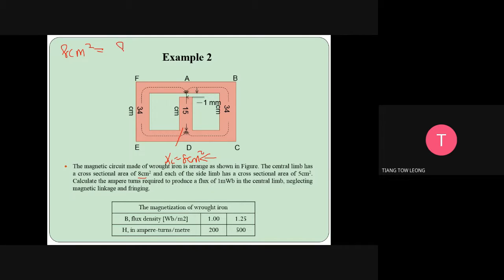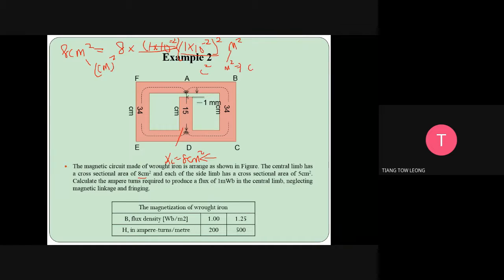Okay, let me teach you. 8 times centi is 1 times 10 to the power minus 2. Right or not? Okay, centi is like this. But because it's centimeter square, cm squared, this must be squared. Then I have meter square. This one. Can see or not? This one is c squared, m squared.